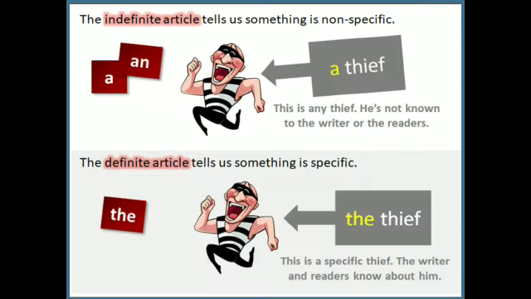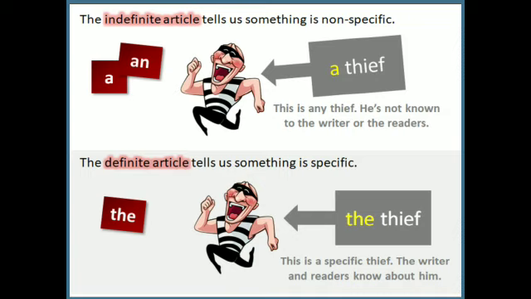Okay, now here you can see the example. The indefinite article tells us something is non-specific. Non-specific means when we don't know about that thing. It can be anything. Then we use a or an according to the noun. Here you can see a thief, because we don't know about this thief.